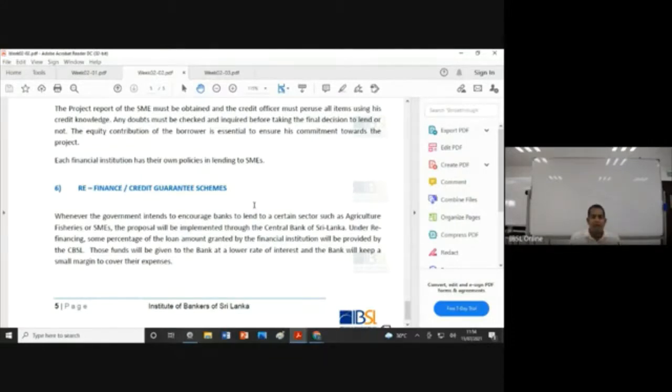So banks are free because, at the end of the day, banks lend depositors' money. Right? When I have the credit risk, I'm very careful. Otherwise, I will lose money which I need to return to the depositors.